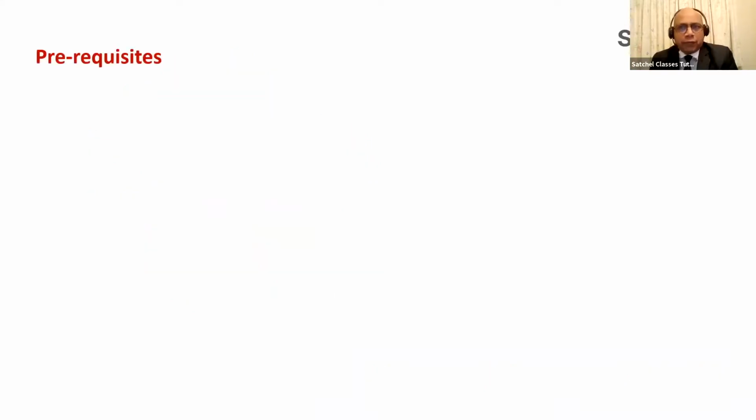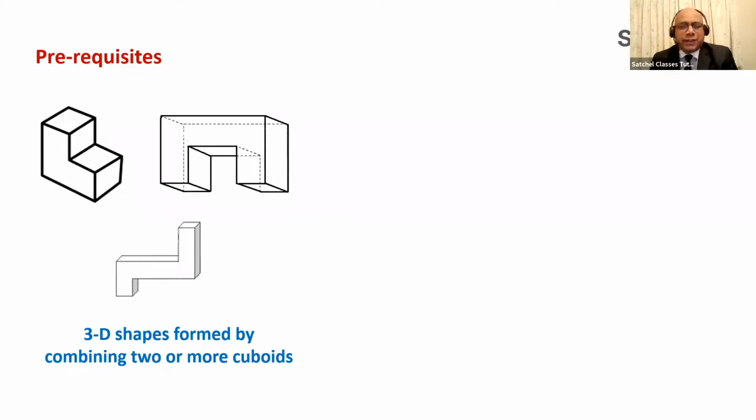So what are the prerequisites for this particular lesson? Two things. First, you need to understand what compound cuboids are. Compound cuboids are 3D shapes which are formed by combining two or more cuboids. As you can see, the three shapes here: the top left one can be formed by combining two different cuboids.